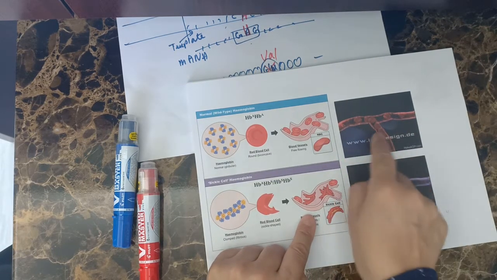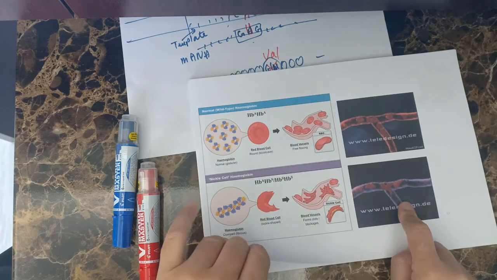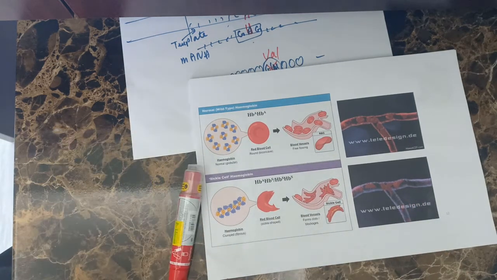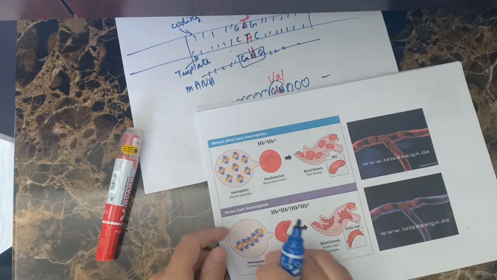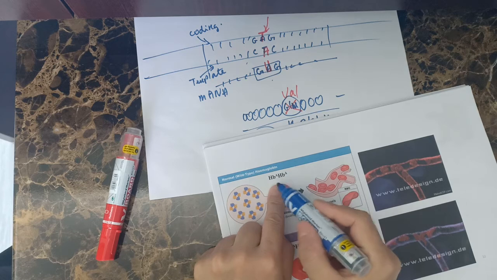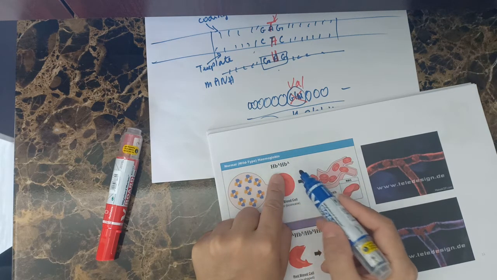So, you can see this animation. I put it in the PowerPoint, to see how exactly it will work. Now, if you receive normal hemoglobin, you will be called HbA, HbA. So, you are normal. Your hemoglobin is normal.